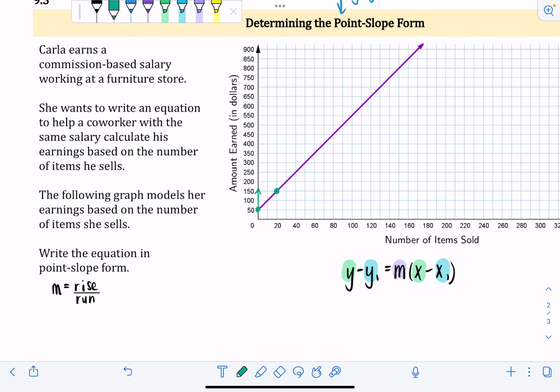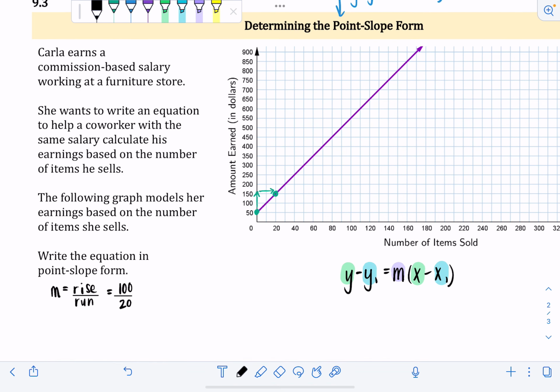Each tick mark on the graph is 100. So it looks like I'm going up 100. So my rise will be 100. And then my run, I'm going over from 0 to 20. I'm saying 0 on the x to 20 on the x. So my run is 20.